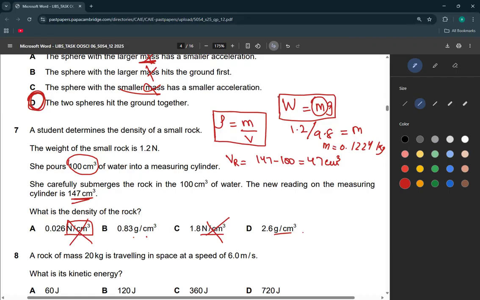Now, here you can see the answers are given in the unit gram per centimeter cube, which means I have to convert kilograms into grams. How? By multiplying it by 1000.